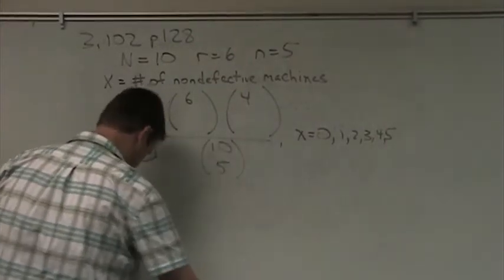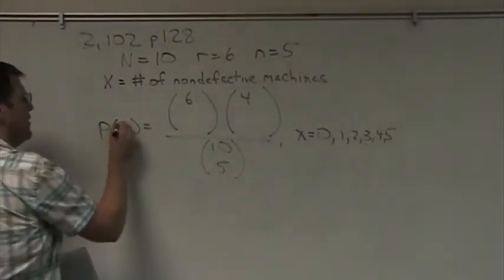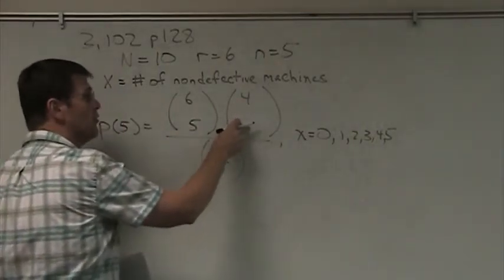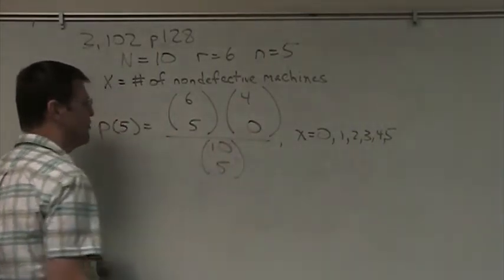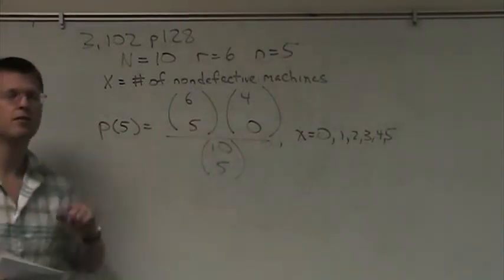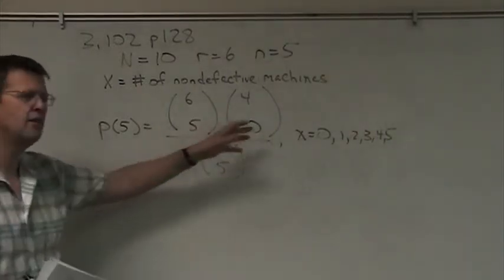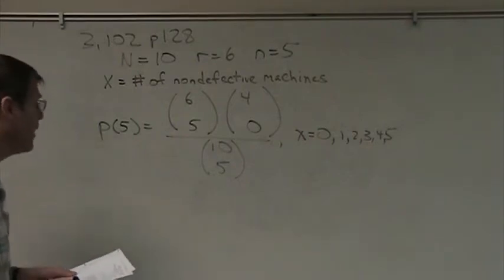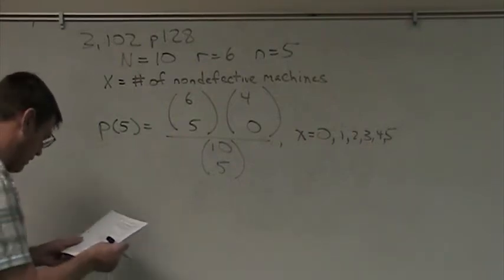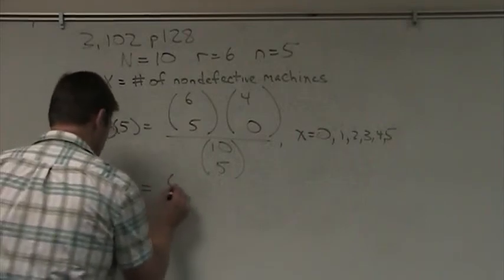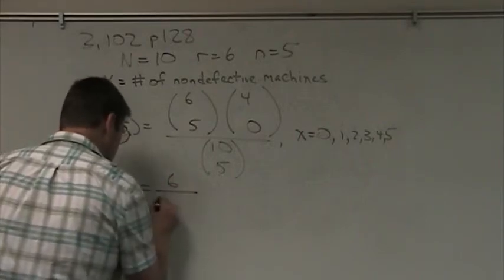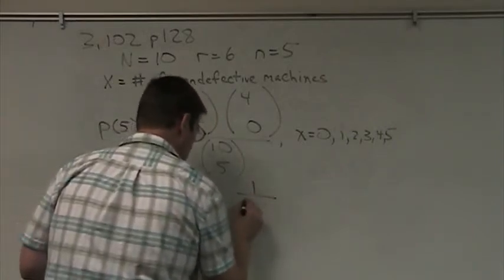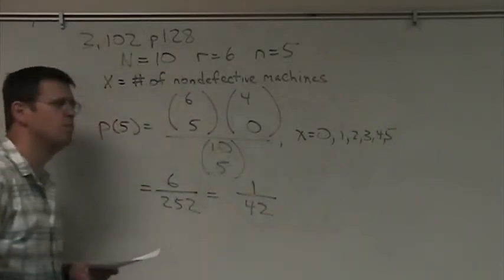So we're looking for P of 5. So this is going to be 6 choose 5 times 4 choose 5 minus 5, or 4 choose 0. 5 non-defective and 0 defective. If you go ahead and do this calculation out, it's 6 divided by 252, which amounts to 1 in 42.